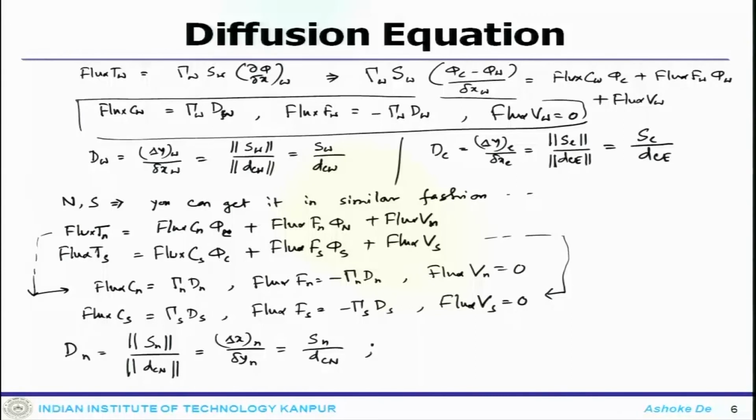Similarly, you get the d s definition, which would be S s divided by d C s, which is delta x s by delta y s, S s by d C s. So, you got all these coefficients.